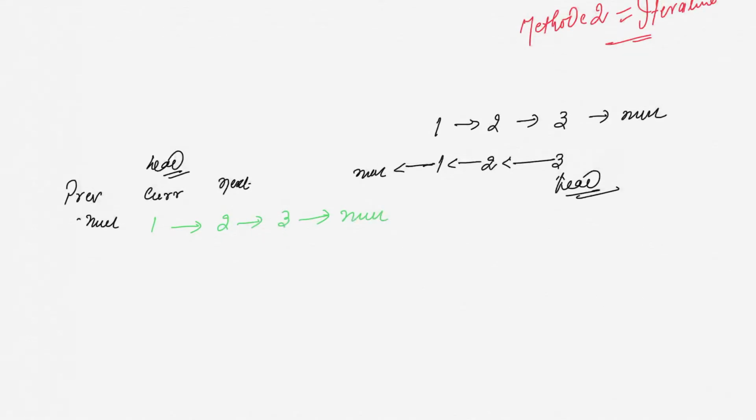We will move this current until null. As we have three variables: previous null, current head, and next.